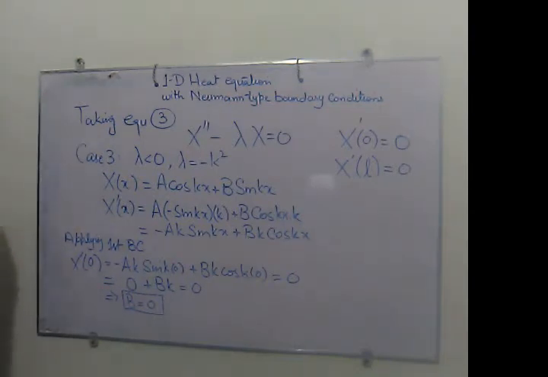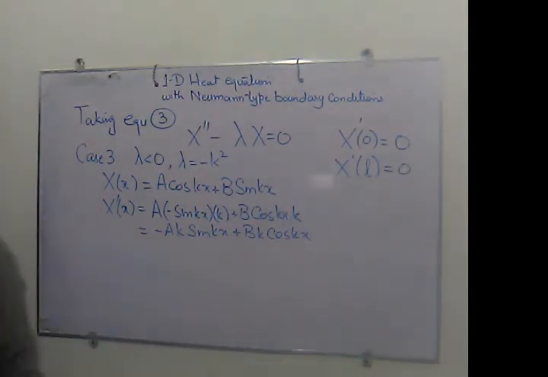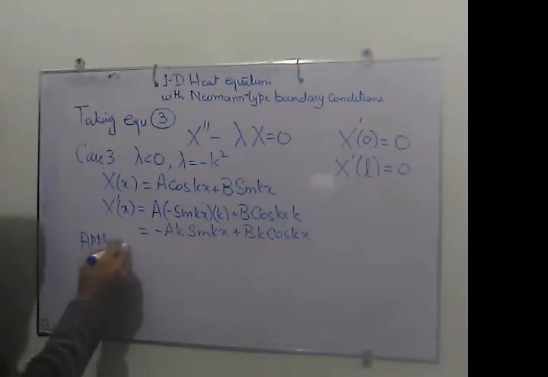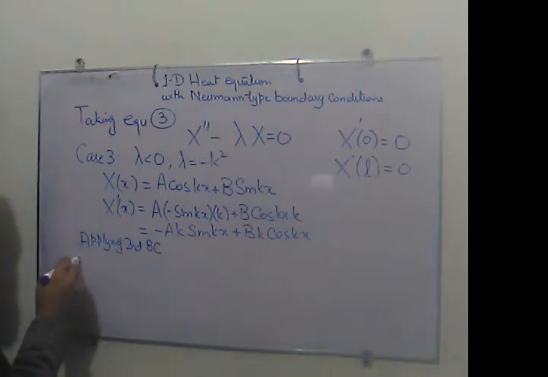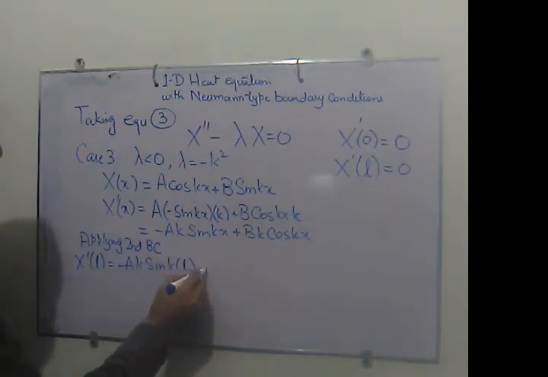Now we apply the second boundary condition to find the second coefficient, which is a. So we apply the second boundary condition in this solution, which is x dash of L is equal to minus a k sine k into L plus b k cos kL.